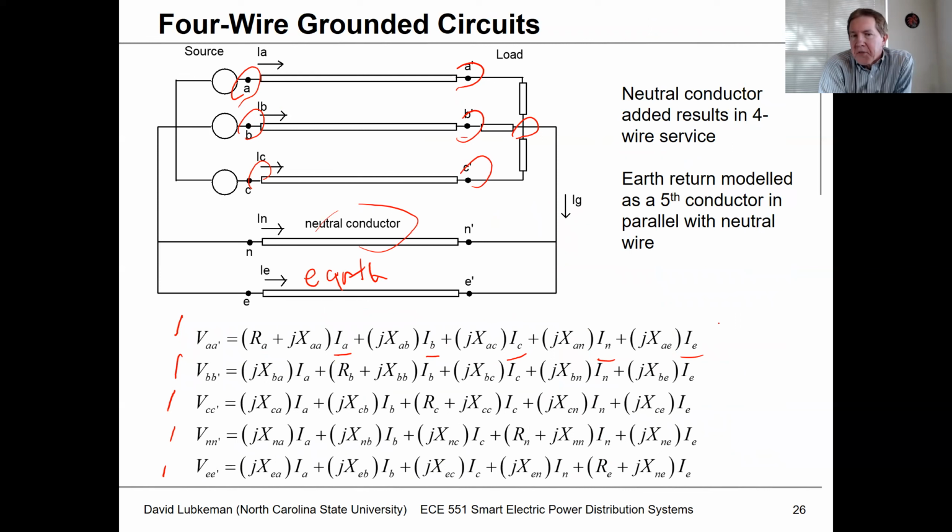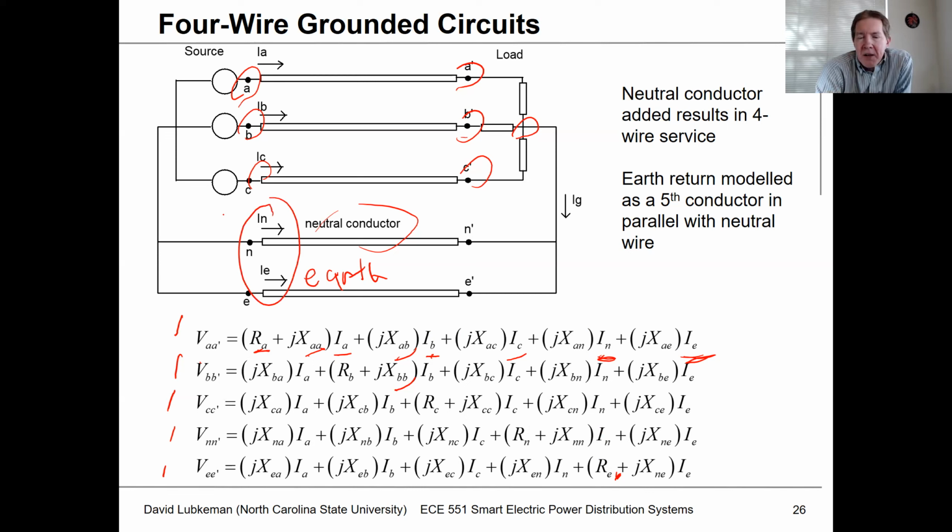And so for the self impedance, you'll be modeling the resistance of each conductor. And then you're going to have self-reactances on the diagonal, and then mutual reactances on the off diagonal. In this case, you're going to have terms like XAB relating IB to the drop across the conductor A, all the way down to the impact of IN and IE.